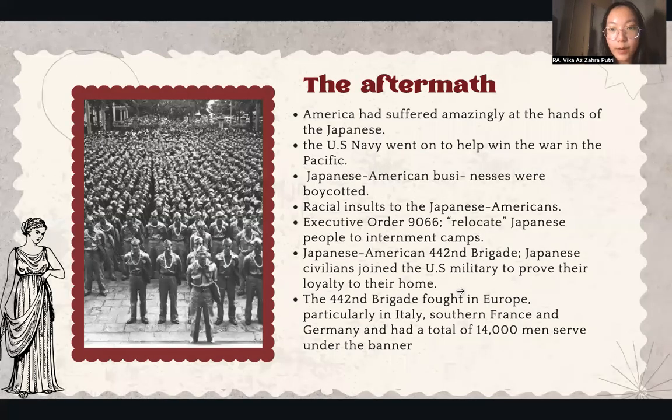Next, it's about the aftermath of Pearl Harbor. So, by the time the people at Pearl Harbor had the chance to come to terms with what had happened on December 7th, there was no doubt that the aftermath of the attack would take a long time to clear, right? And America had suffered terribly at the hands of the Japanese. They lost 2,403 U.S. personnel, including 68 civilians, and 19 U.S. Navy ships were destroyed.